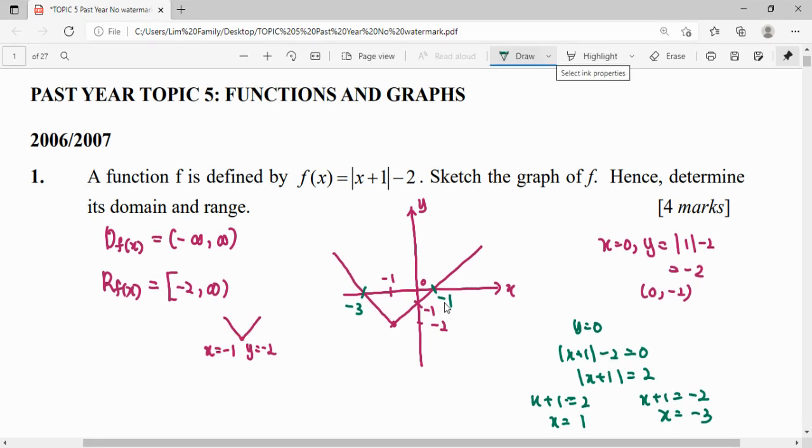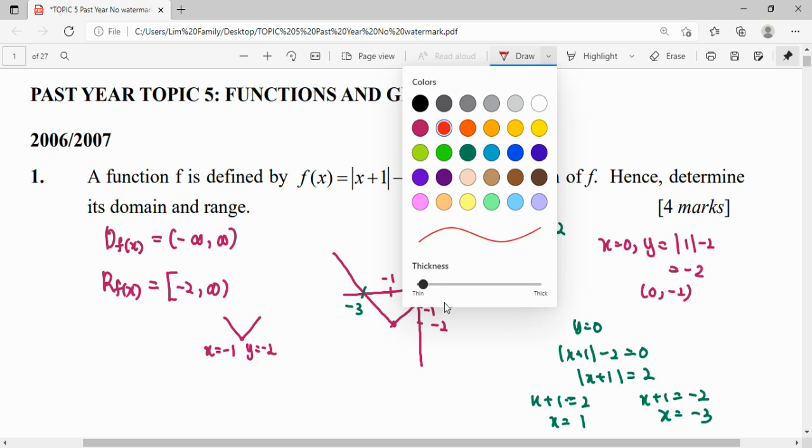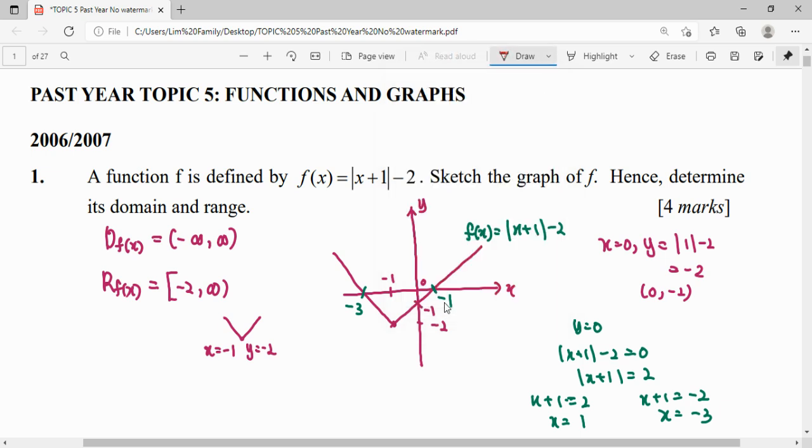So finally, we label it. This is our f(x) equals to modulus x plus 1 minus 2. So from here, domain will give you 1 mark and range. So for this graph, it will have 1 mark for the shape, which is located at quadrant 3. You can see the shape here, quadrant 3.